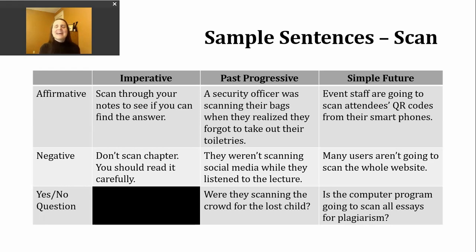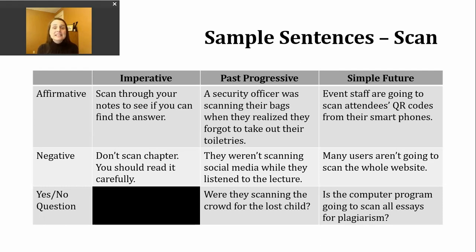Okay? Finally, if I want to make a yes or no question in the past progressive, I'm going to start with that past form of be. Then I'll have my subject, and then the ing form of the verb. Here's an example sentence. Were they scanning the crowd for the lost child?